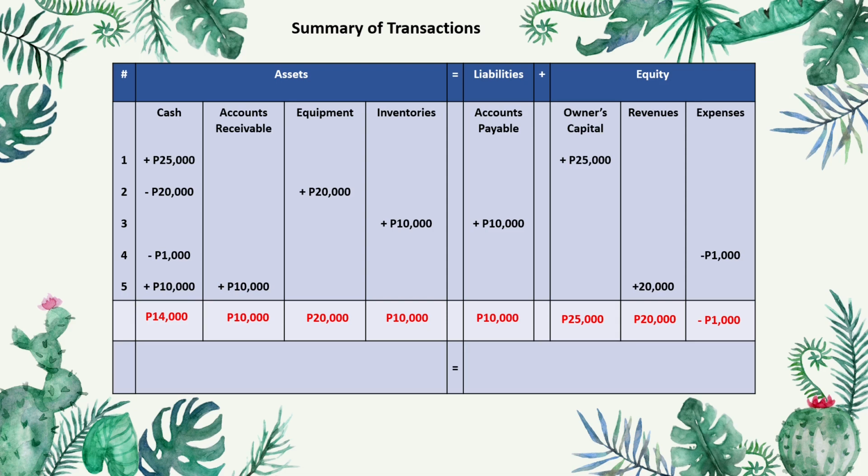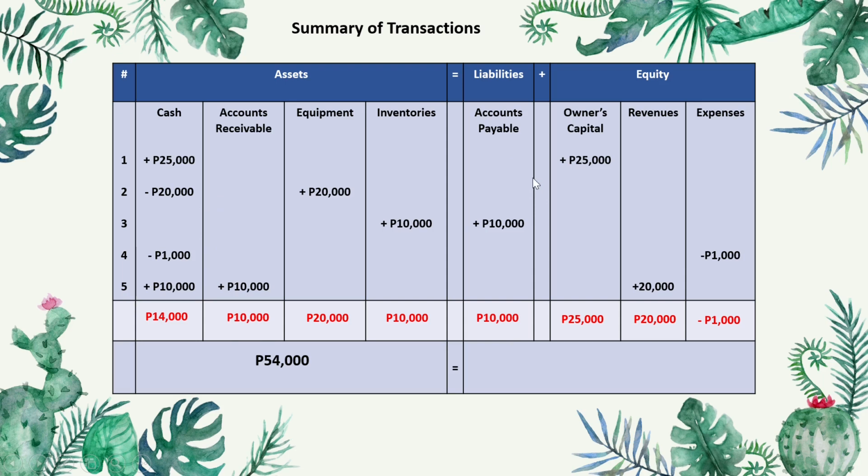Okay, so i-add natin lahat ito, ang total ng cash, accounts receivables, equipment, and inventories. Okay, so 14,000 pesos plus 10,000 pesos plus 20,000 pesos plus 10,000 pesos is equal to 54,000 pesos. So, yan yung total ng assets niya sa accounting equation sa 5 transactions na ginawa ni Manang Rosie.